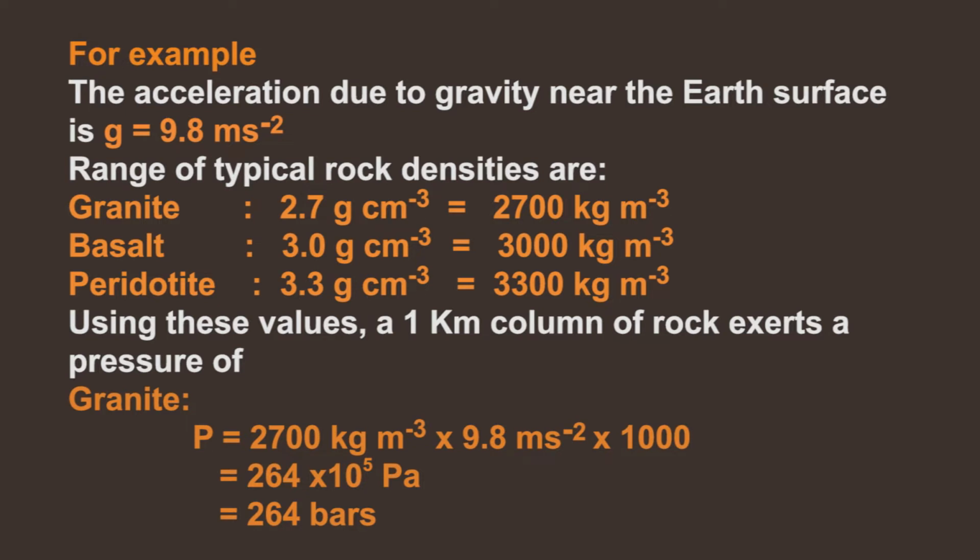Using these values, a 1 kilometer column of granite exerts a pressure P equal to 2700 into 9.8 into 1000 equal to 264 into 10 to the power 5 Pascal, equal to 264 bars.